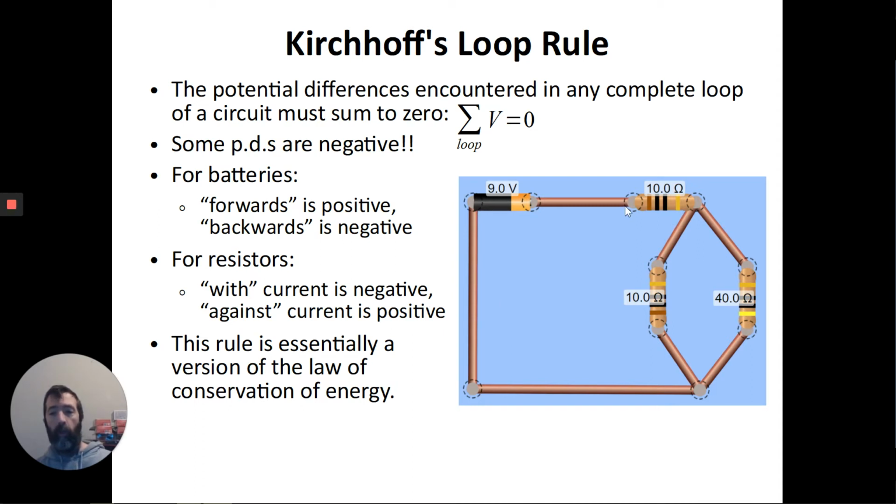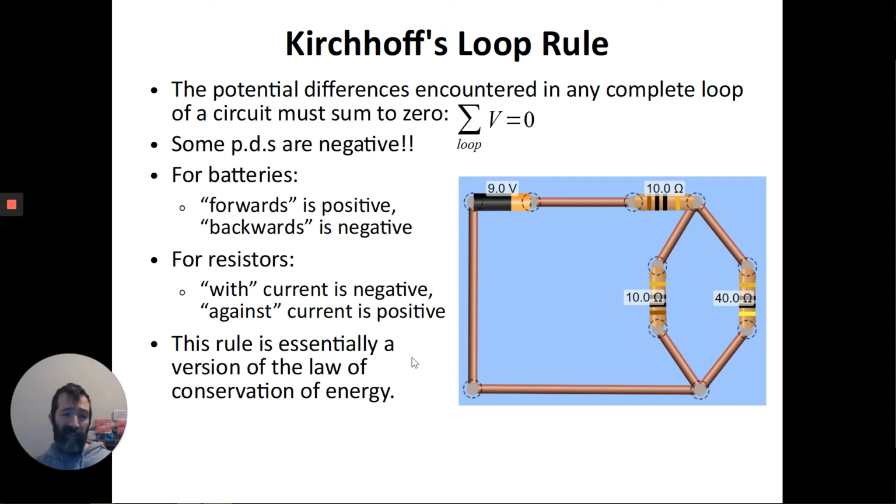So if you're going with the current, in this case the current goes clockwise, goes to the right out of the battery through this resistor. If you go through the resistor with the current, you're going downhill. So that's a negative voltage or a negative potential difference. If you are moving against the current, like a salmon, then that is a positive potential difference because you're going uphill.